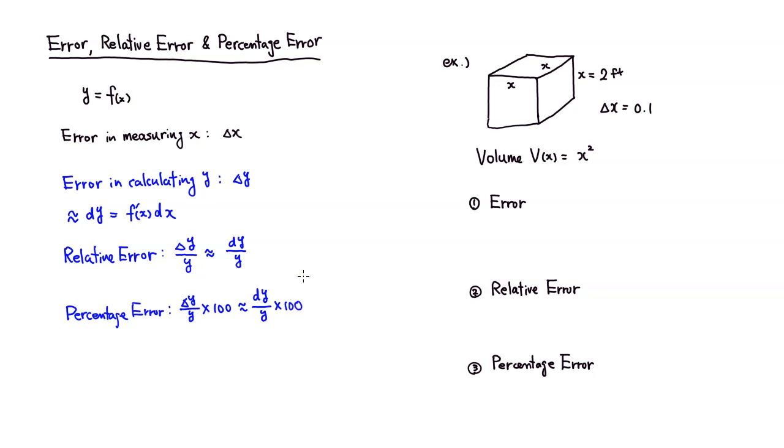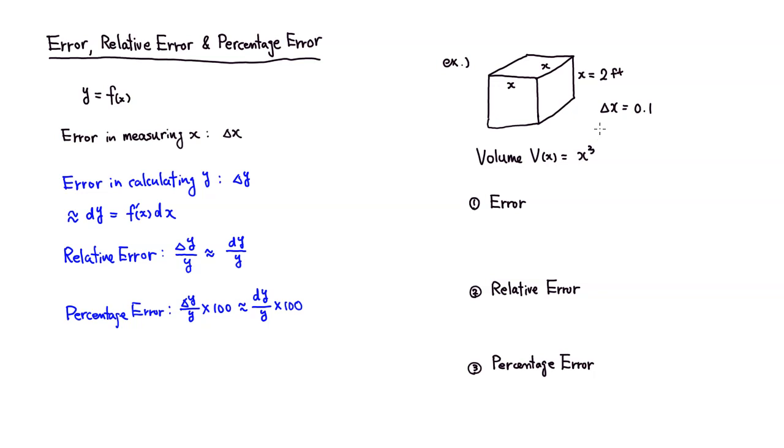All right, let's look at a simple example. Here, again, we have a cube. Let's say we measure it. It's a 2 feet by 2 feet by 2 feet cube, but there might be an error. The error is about 0.1 feet in measuring one side. The volume V is equal to x cubed.